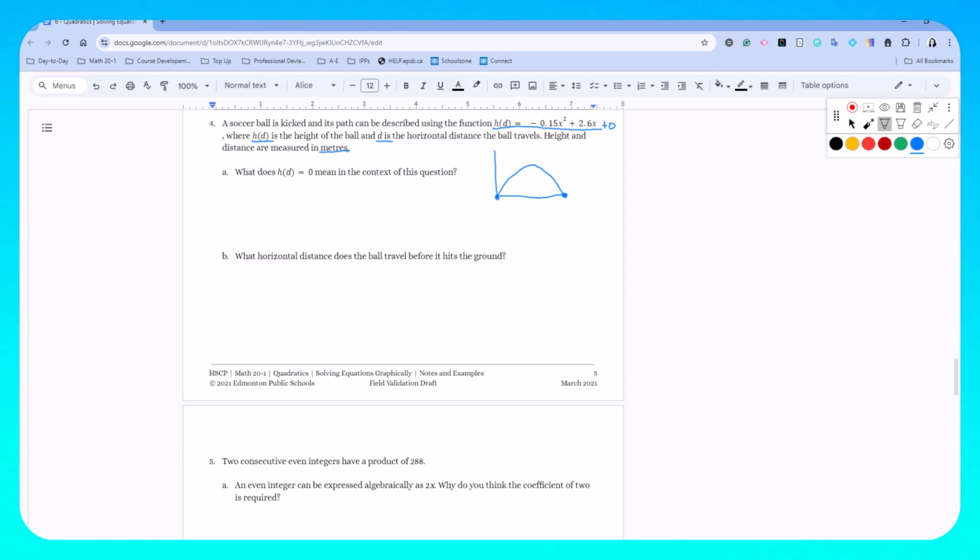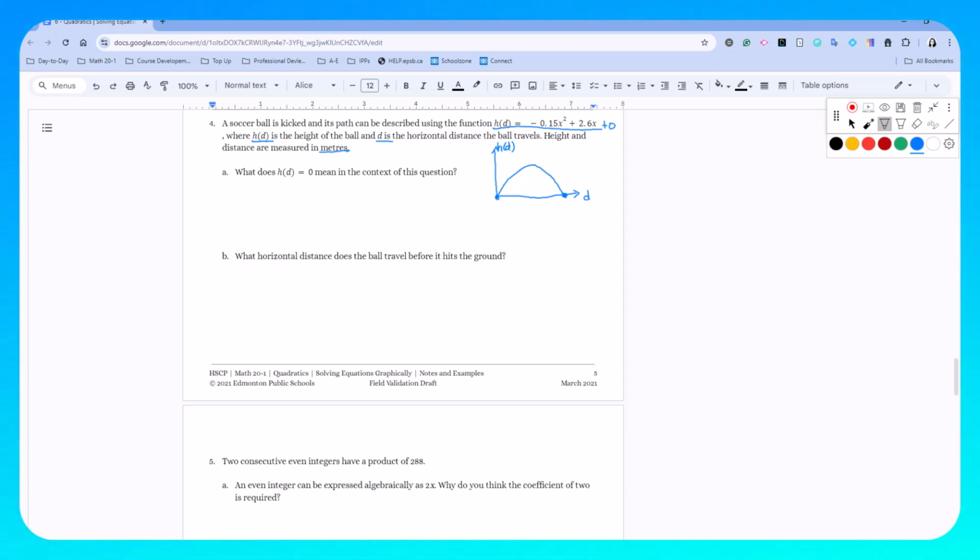The question asks, what does h of d mean? Well, d is the input value and h of d is the output value. In other words, d is the x, h of d is the y.